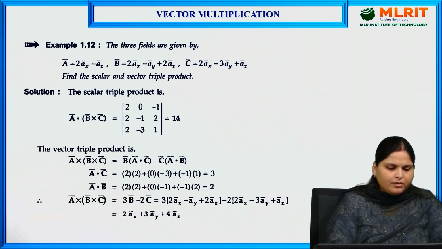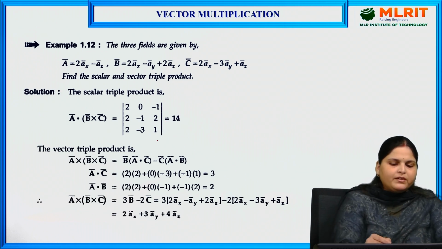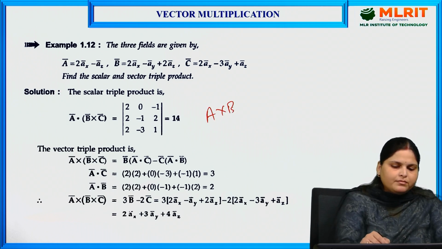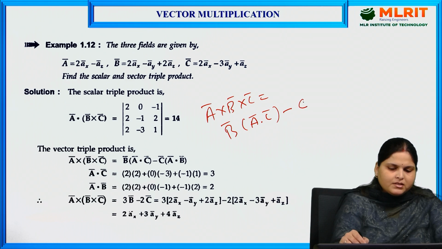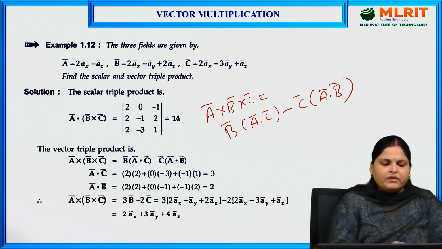And if we talk about vector triple product, we can write it as A cross B cross C is equal to B into A dot C minus C into A dot B. So we can directly calculate it.